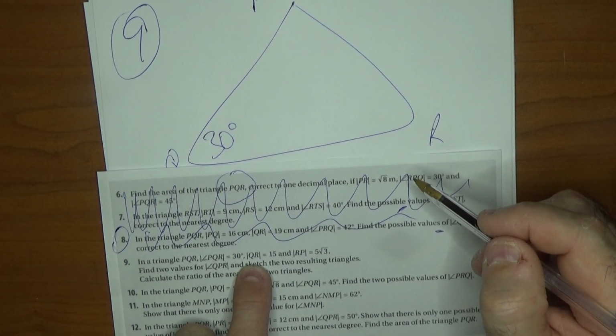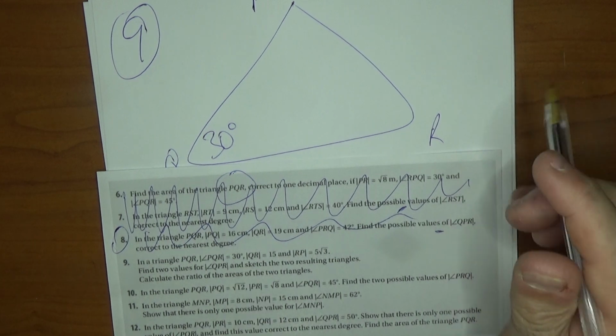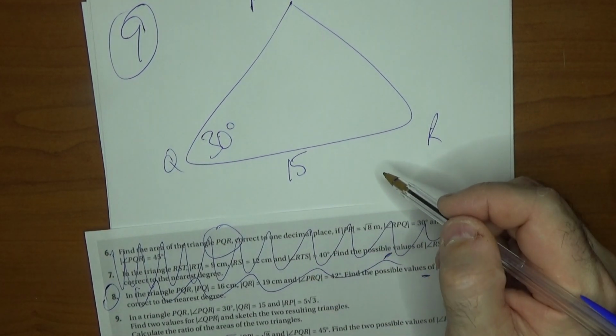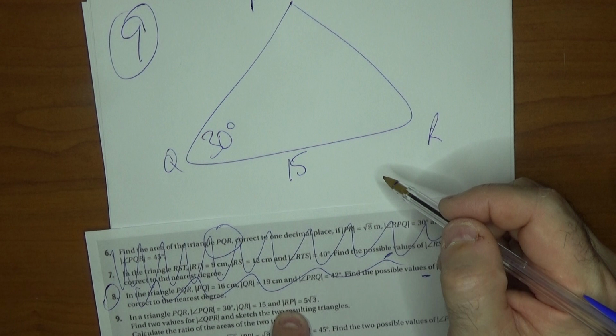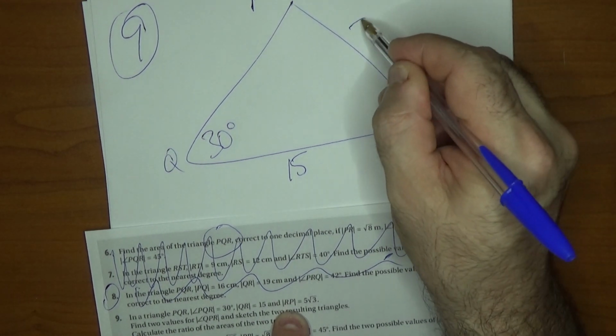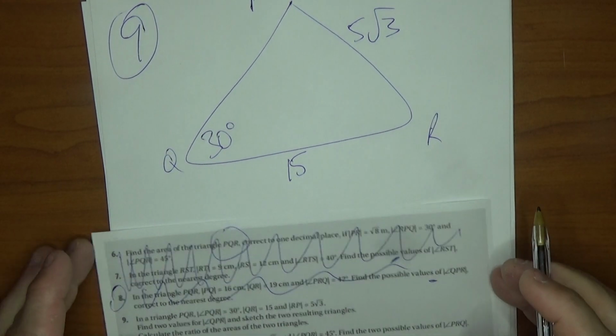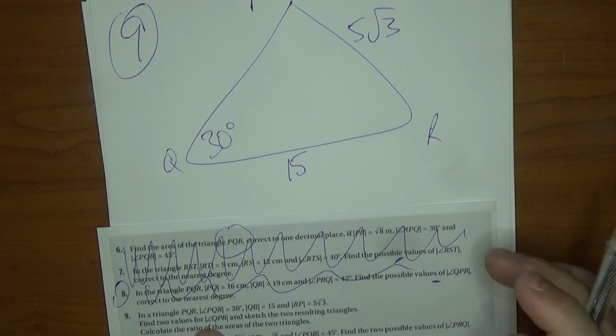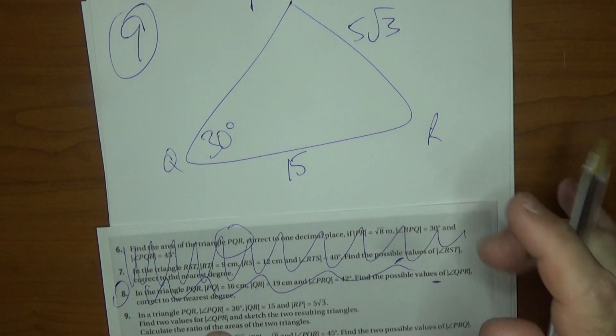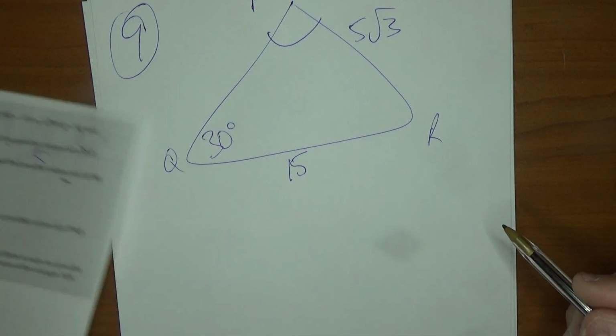The length QR equals 15, and the length RP is 5√3. Find two values. So they tell us there's two values for the angle at P. Great, let's go get them.